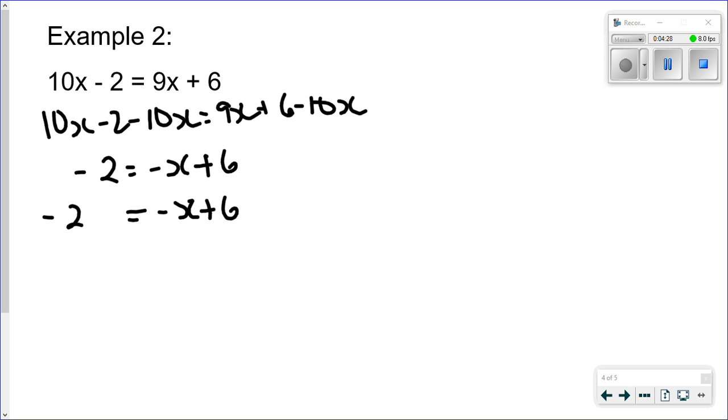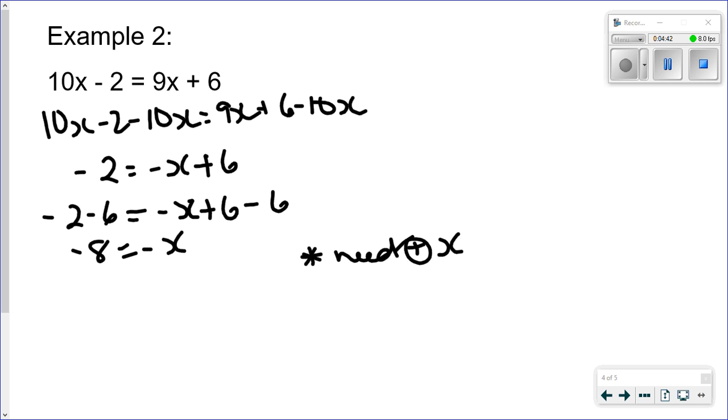The opposite of adding 6 is minusing 6. We need a positive x, so we still got to get rid of that negative sign. It means that 8 equals x, or x equals 8.